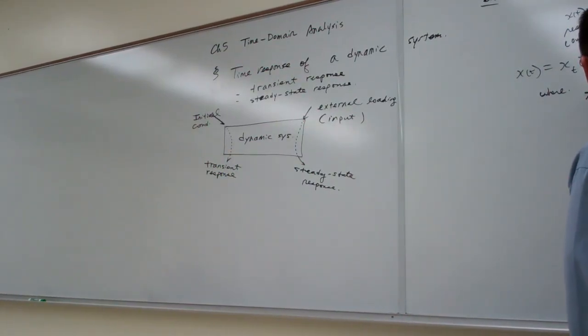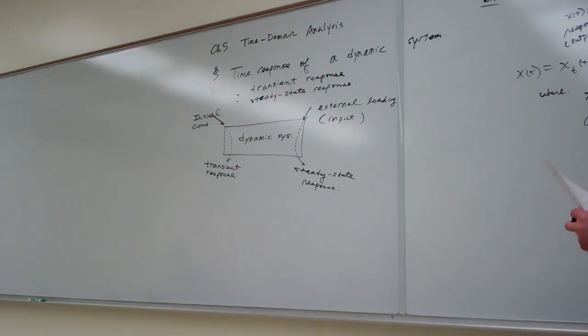For the homogeneous solution, we first solve the characteristic equation, s squared plus 2s plus 5 equal to 0.